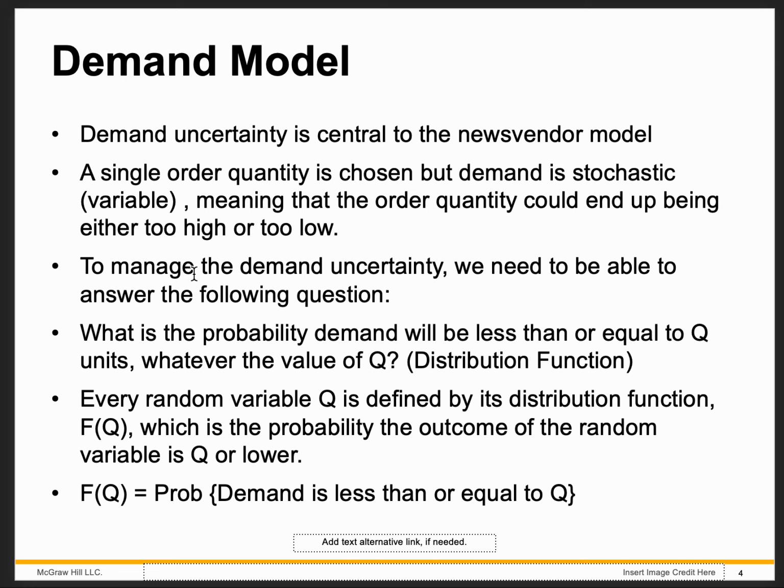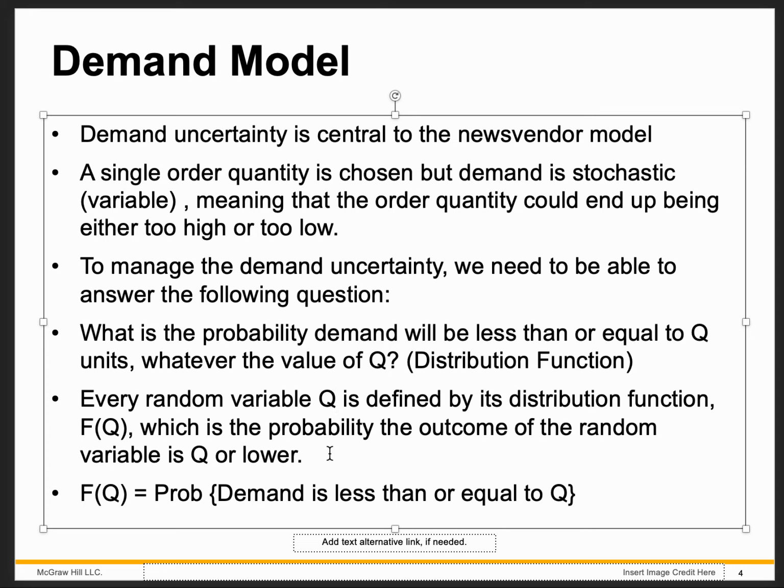And this is called the distribution function. As you must remember from statistics, you can have different distribution functions depending upon the kind of probability distribution you're looking at. So if you have a random variable, say in this case Q, the order quantity, then it is defined by a distribution function, which we'll say is F(Q), which is the probability that the outcome of the random variable is lower than or equal to Q. So F(Q), in this case, for every random variable, let's call it X. Right.